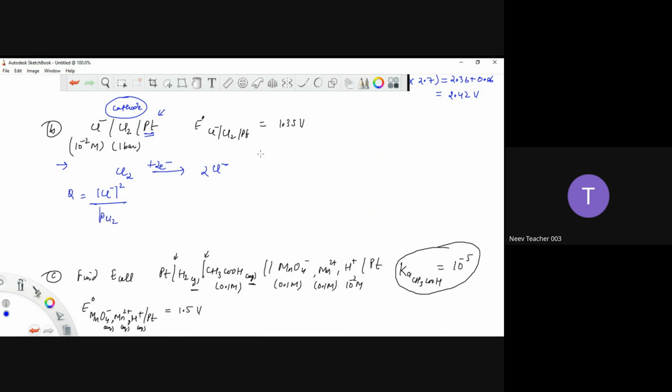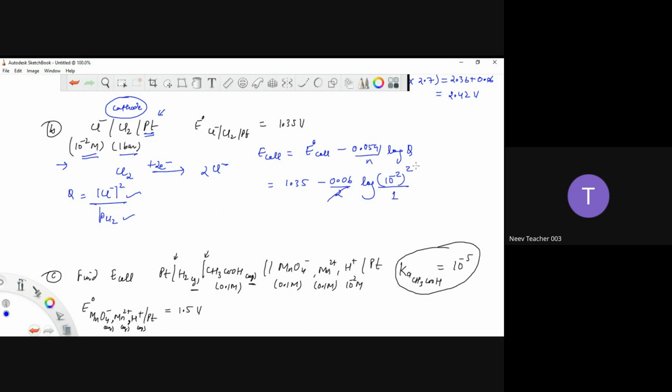Then find the E cell. E cell will be E naught cell minus 0.059 log Q. E naught is given to you: 1.35 minus 0.06 divided by 2, since 2 electrons are involved, log of Cl minus concentration 10 to the power minus 2, squared, divided by the partial pressure of Cl2, which is 1.